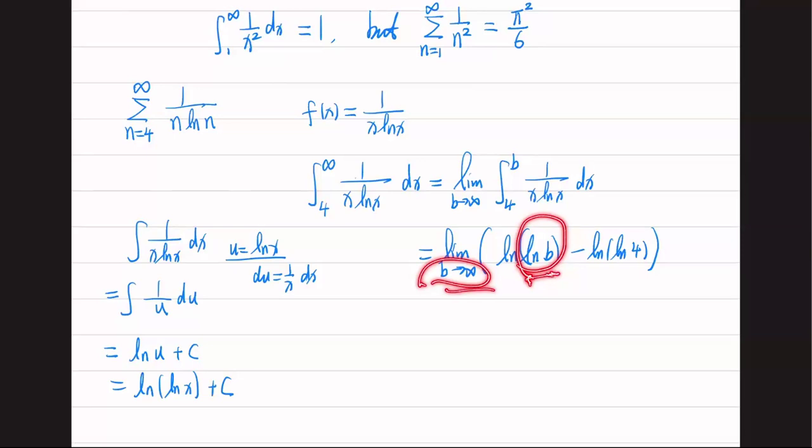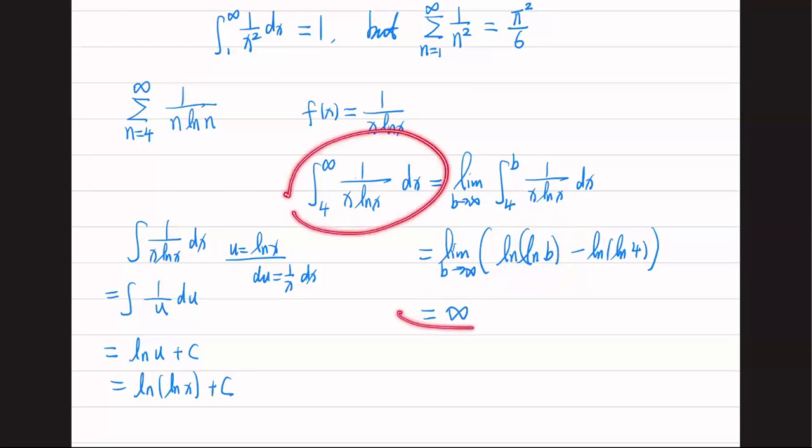If this goes to infinity, what about the double logarithm? It also goes to infinity. Now the integral diverges. What can we say about the series? Also diverges by the integral test.